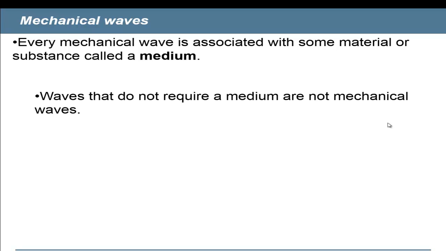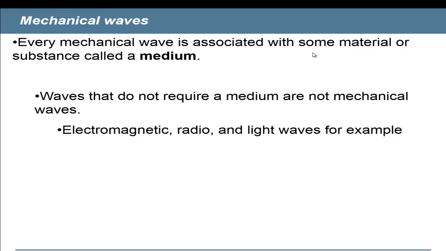So every mechanical wave is associated with some material or substance, which we call a medium. Some waves don't require a medium, and we won't cover those waves. Some examples are electromagnetic waves, radio waves, and light waves.